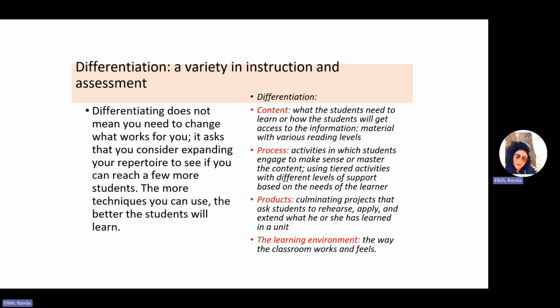Also by products. So culminating projects that ask students to rehearse, apply, and extend what he or she has learned in a unit. And this is all possible in a learning environment that encourages differentiation and how it feels to be in that classroom and do this work.